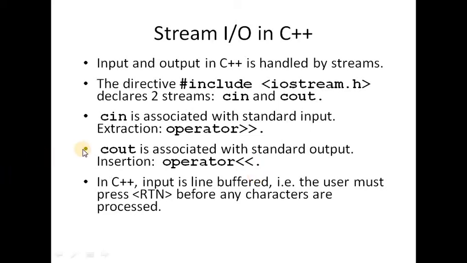As we can see, these two terms, cin and cout, we can use to print, and we can enter values through them. In C++, input is line buffered, that is, the user must press return before any characters are processed.